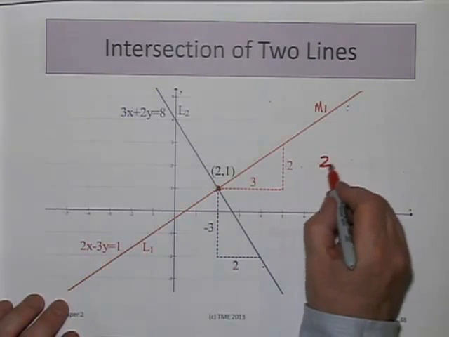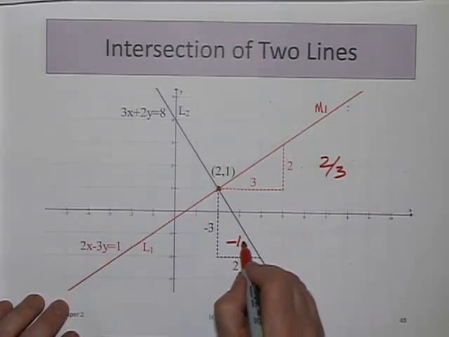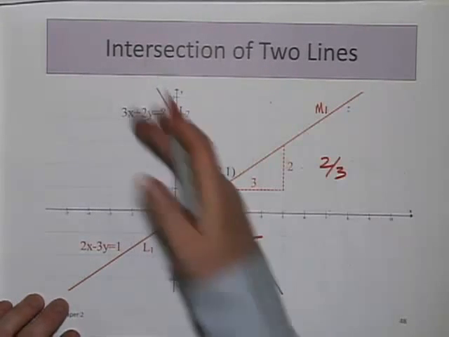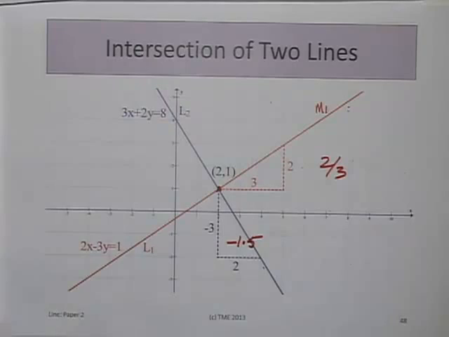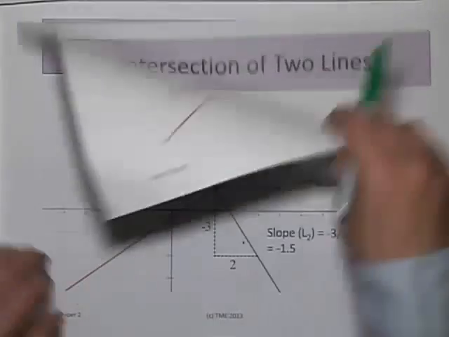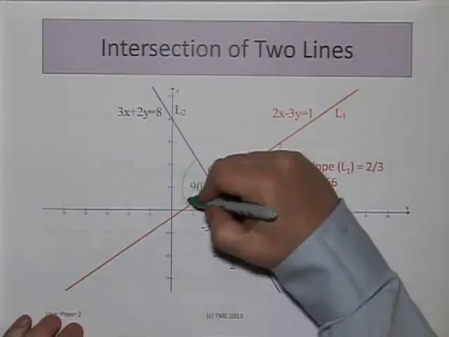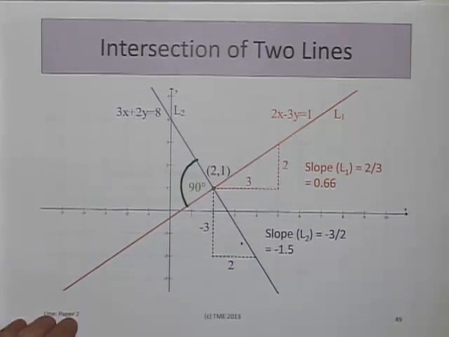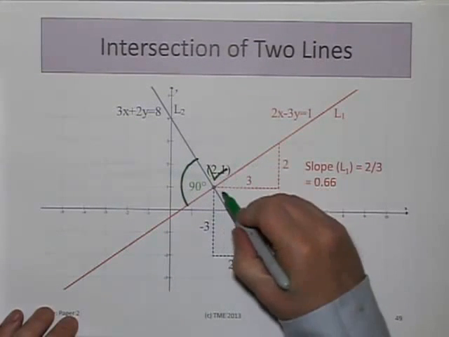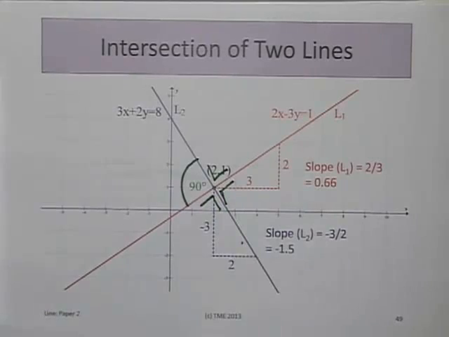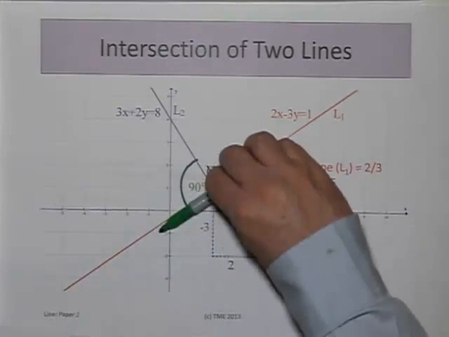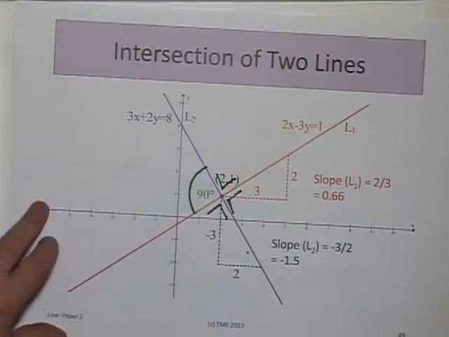So this is 2 over 3, this is minus 1.5, and these two lines are actually perpendicular. You can see that here by showing that it is a 90 degree angle. Each one of these is actually a right angle triangle, as it turned out in this particular case.